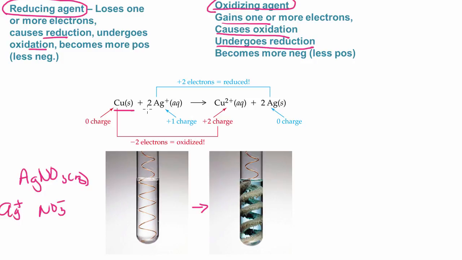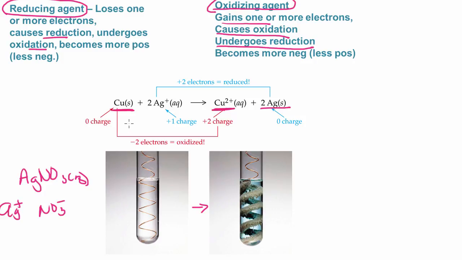And so we have our copper solid, we have silver ions, and what happens is the solid copper loses 2 electrons to become copper ion, and those 2 electrons actually go to 2 silver ions, so that the silver becomes solid silver. That's what's depositing here on the copper wire, is solid silver.